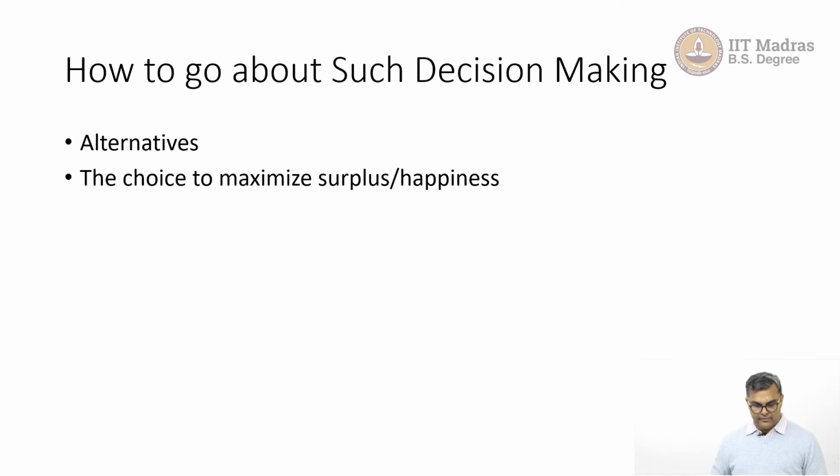How can we solve? I already told you about alternatives x1 and x2. Here the options are Sonu Nigam and Shreya Ghoshal, these are the two options. Which option should you choose? You can think of it as a buyer: the option that maximizes the surplus should be chosen.